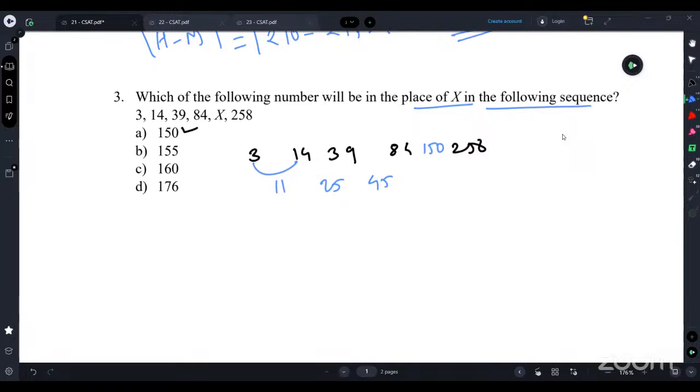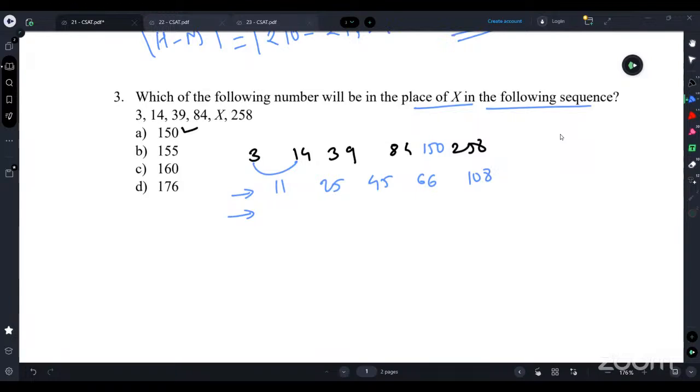And what will be 150 minus 84? 66. And what will be 258 minus 150? It will be 108. Now these are the differences with you. Are you able to see any logic here? Not yet. So let's take a second step of difference.